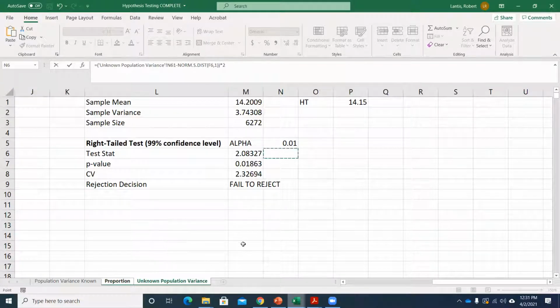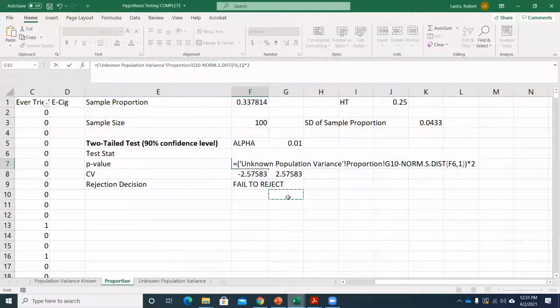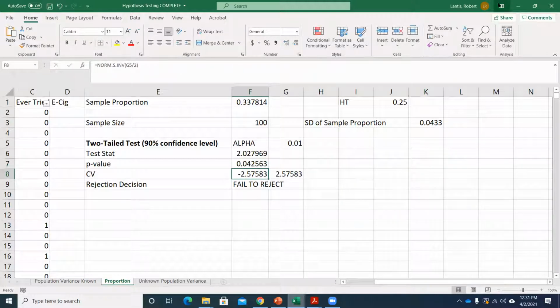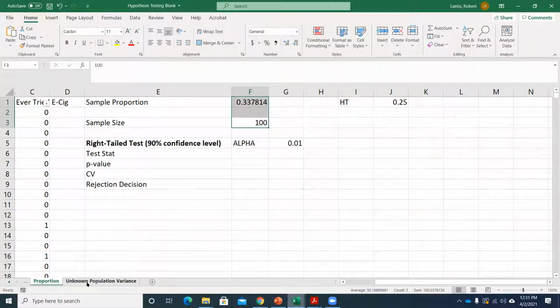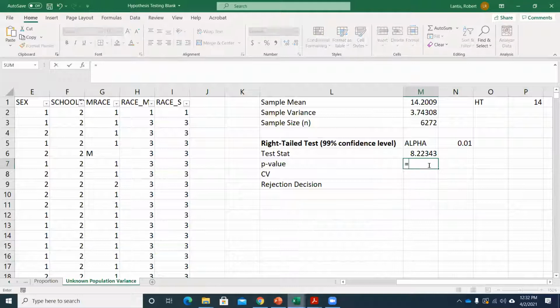Okay, so it's going to be very similar when we have this unknown population variance. It's just now instead of using the norm.s.inv, I have to use t.inv.